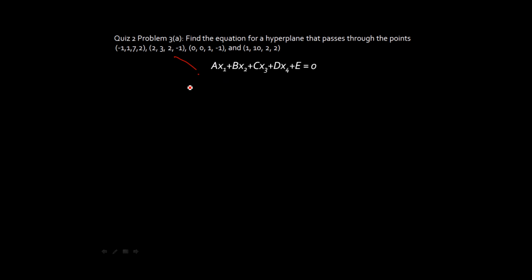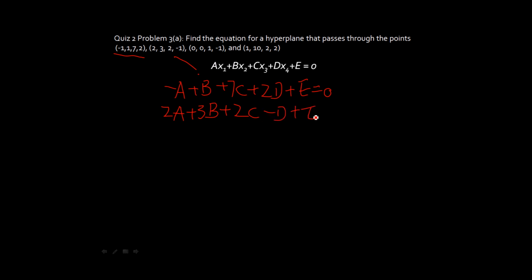So right away we have 4 equations. The first point gives minus a plus b plus 7c plus 2d plus e equals 0. Similarly, the second point gives 2a plus 3b plus 2c minus d plus e equals 0.